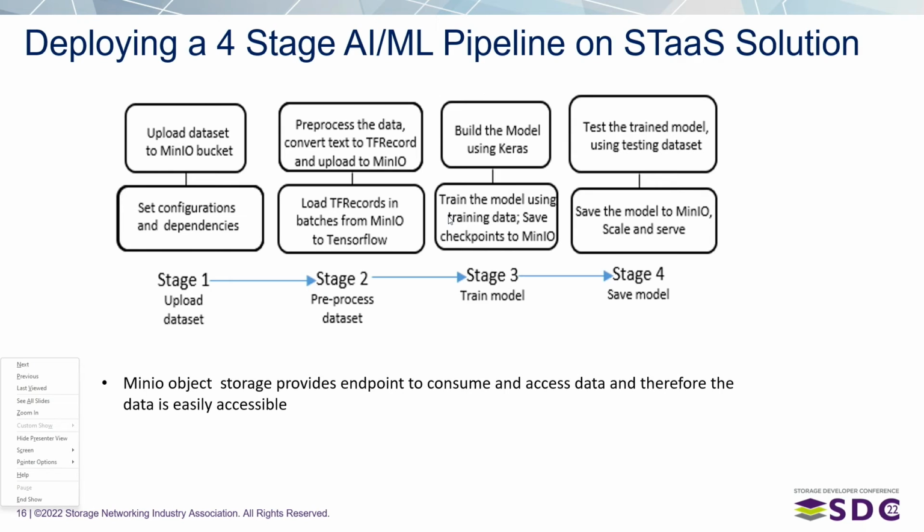Once they are trained, the training checkpoints of the model as well as the TensorBoard histograms are saved in the Minio bucket again. Finally, when the model is trained and it completes, the completed model is also saved to the Minio bucket. So what we can see is that for each stage, we are utilizing a shared Minio bucket, and the data is available for each of these stages, which makes it modular.